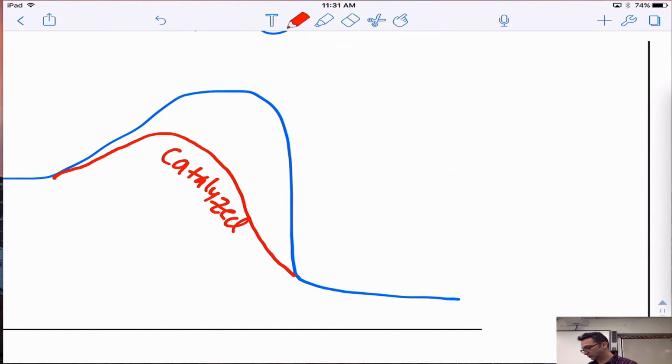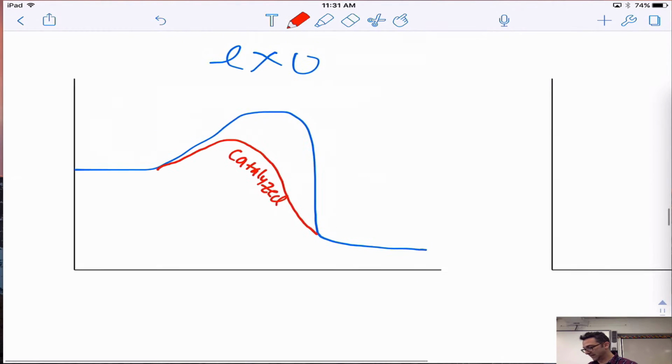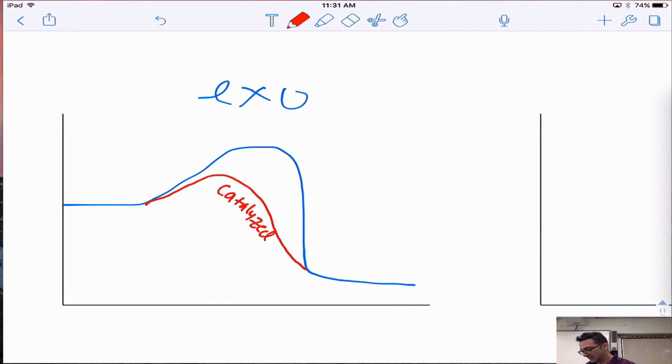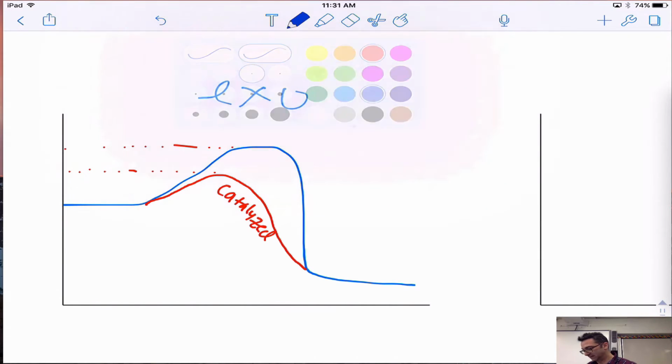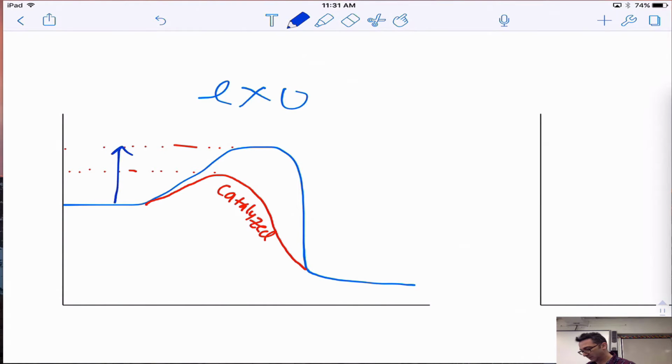And so if we were to go ahead and show the differences in activation energies, if I have my first activation energy here versus my second activation energy here, for the uncatalyzed, if we do that in blue to be consistent, we would have an activation energy there. And if we were to do the reverse activation energy, that would again be right here.